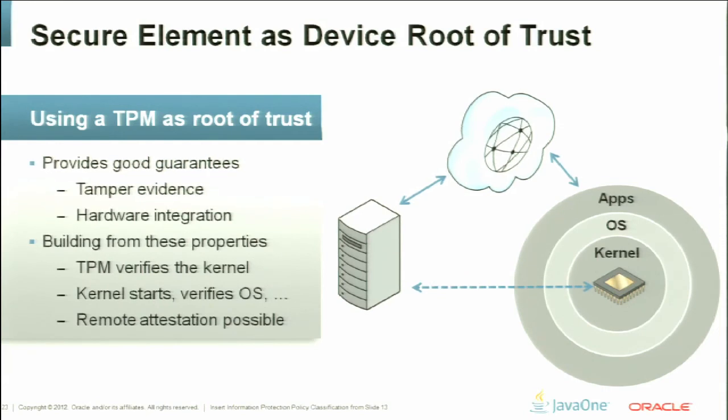That is the main use case for a TPM, the secure boot, where the trusted module is going to verify the kernel, and then the kernel starts, possibly verifies the OS, which starts, etc. So you have layers of trust. You have the most trusted thing in the middle, and then as you go out, you have more and more complexity, and maybe more and more problems also.